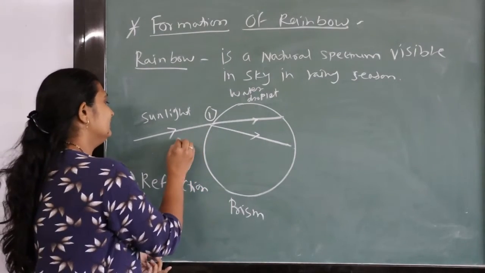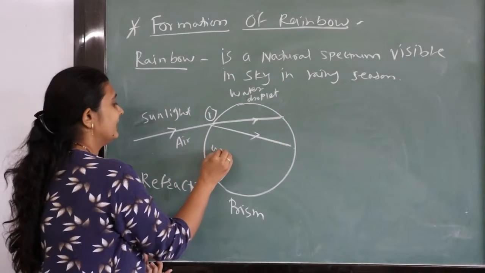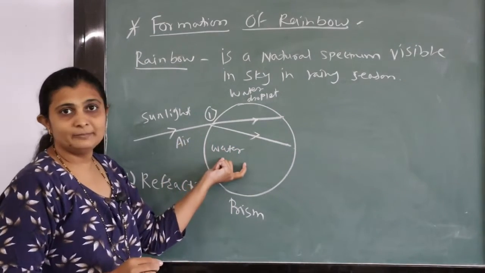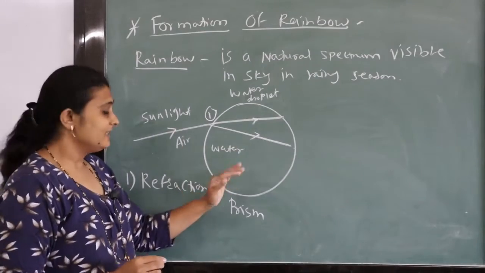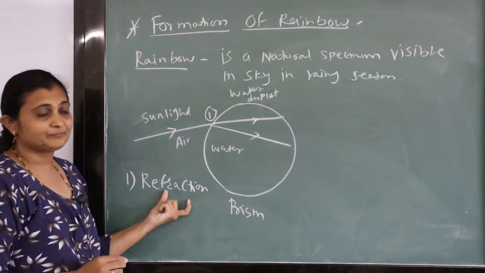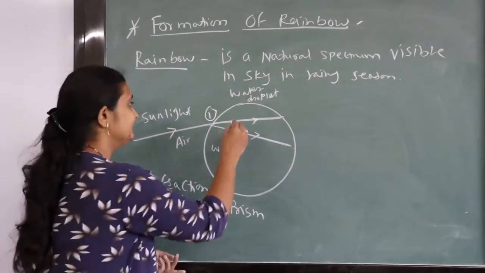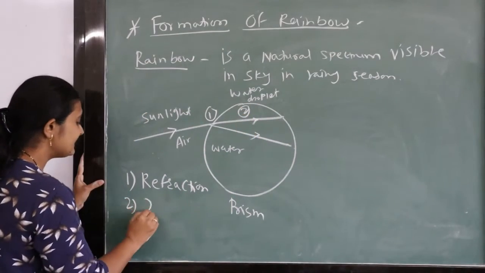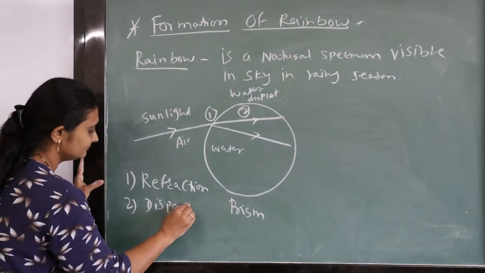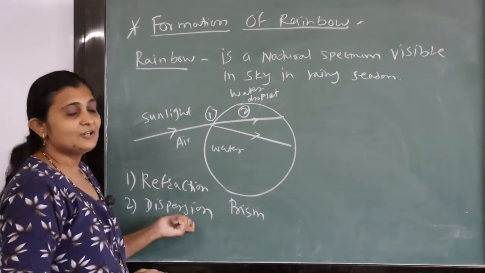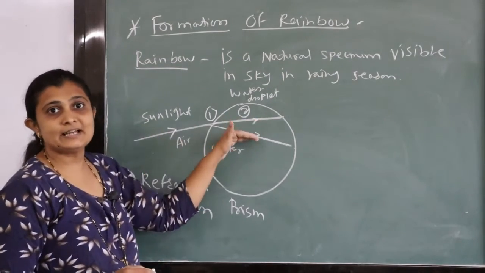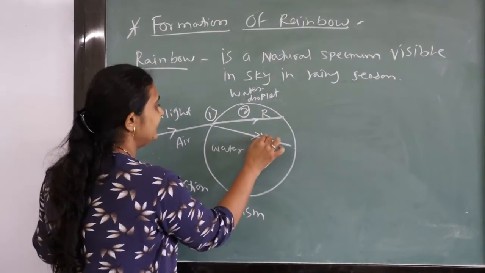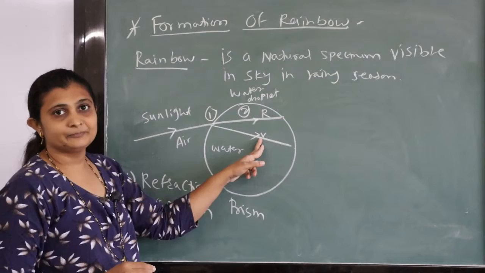How refraction? This one is the air medium and this one is the water medium. Air medium to water medium, when the medium changes, refraction happens. And again here I write 2 in the diagram. 2 means what? Dispersion. Dispersion of white light into its 7 colors. You obtain red on the upper side and violet on the downside.